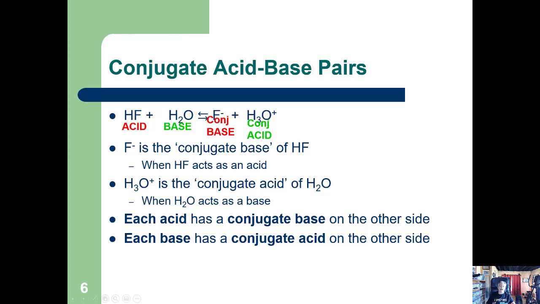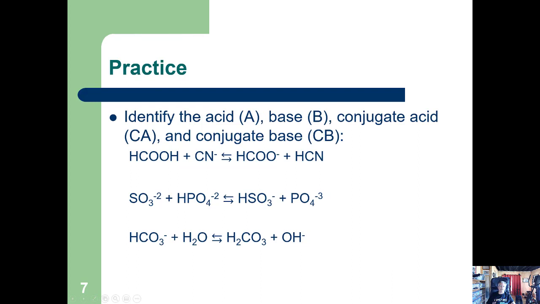And it really doesn't matter whether we put the conjugate acid or conjugate base on the product side or the reactant side. Each acid has a conjugate base and each base has a conjugate acid on the other side of the reaction. So let's identify the acid and the base, the conjugate acid and the conjugate base.